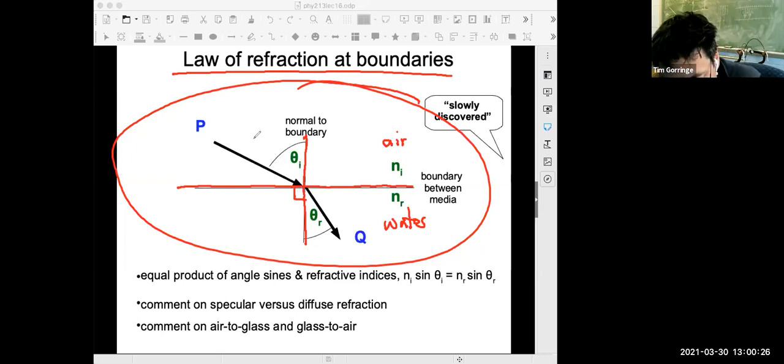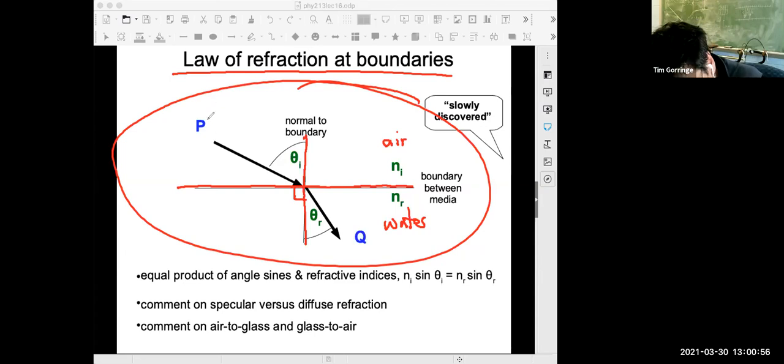Now, in the case of reflection, when you've got reflection from air to water, the light ray comes in from the air side and is reflected back into the air. When you've got refraction, the light ray comes in from the air side and is refracted, bent into the water. So here the light ray actually travels from one material to another material. In reflection, the light ray stays in the same material after bouncing off the other material.